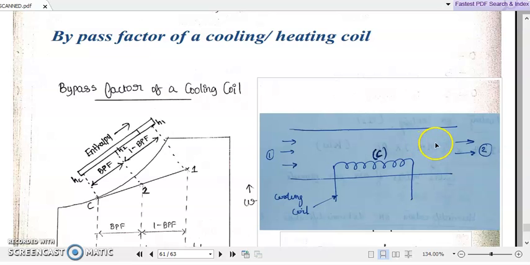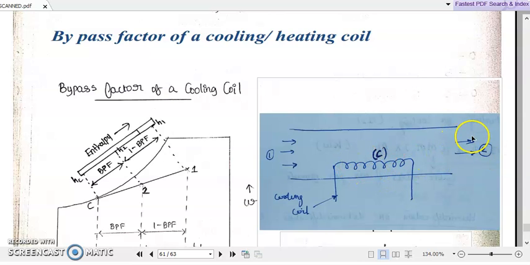Okay, so when the air stream is moving forward and coming to the exit of this passage at 2, it will be a mixture of both cooled and uncooled air molecules. Some air molecules would have been cooled down by the cooling coil surface due to its very low temperature, but some of the air molecules may have bypassed, or may not have touched the surface of the cooling coil.